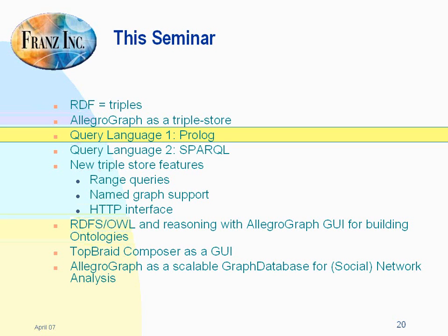AllegroGraph is a thing that will eat any triple that you throw at it. So if you have an ontology, say for a person, and you want to make sure that all the triples that you add about a person fit into the ontology, you have two choices.